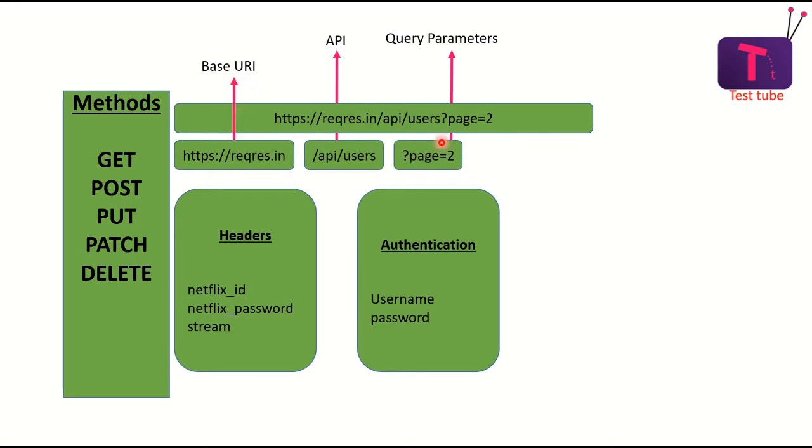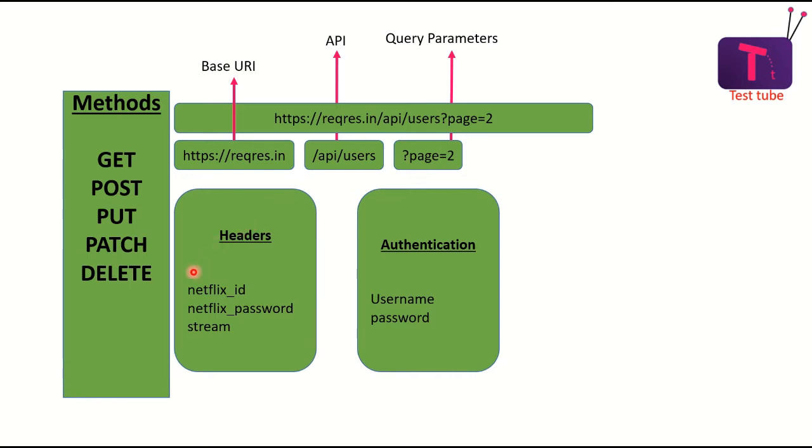The part which comes after the question mark is called query parameters. There can be many query parameters, and using different values in them, we can get different sorts of information from an API mounted on this server. There is another thing called header.